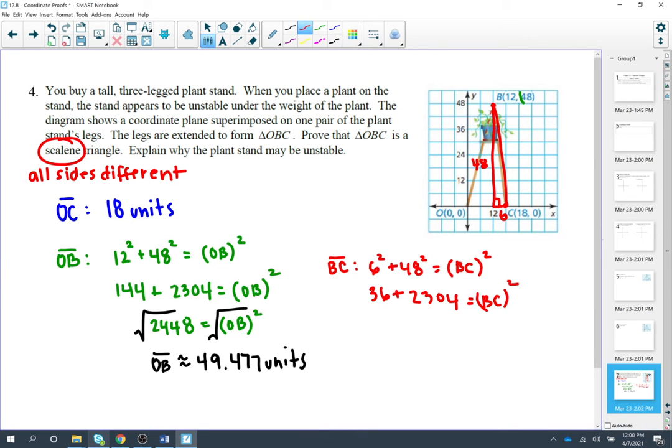Then we're going to add those together, which is 2,340. And then in order to get rid of the squared, we're going to square root. And already you can see that these are not going to be equal, because over here we're sitting with the square root of 2,340, and over here we're sitting with the square root of 2,448. So those are not going to come out to be the same. But if we do it, BC is approximately 48.374.